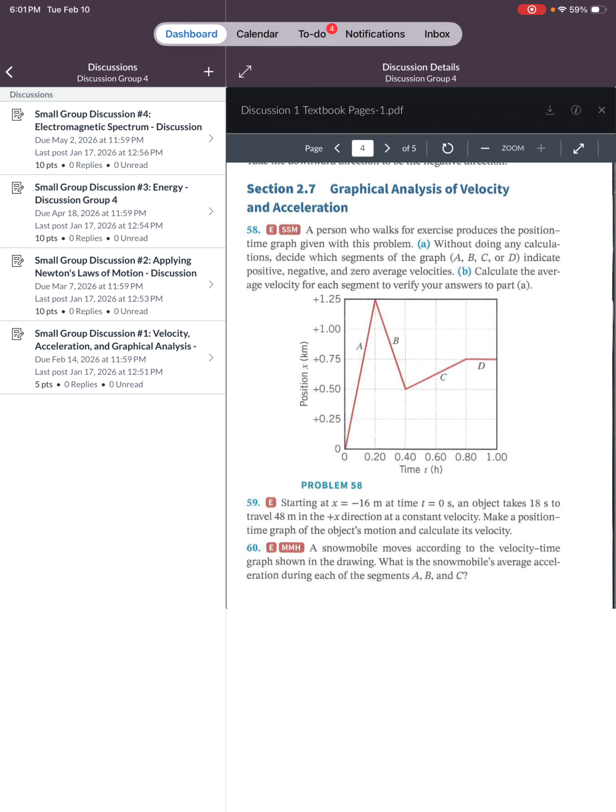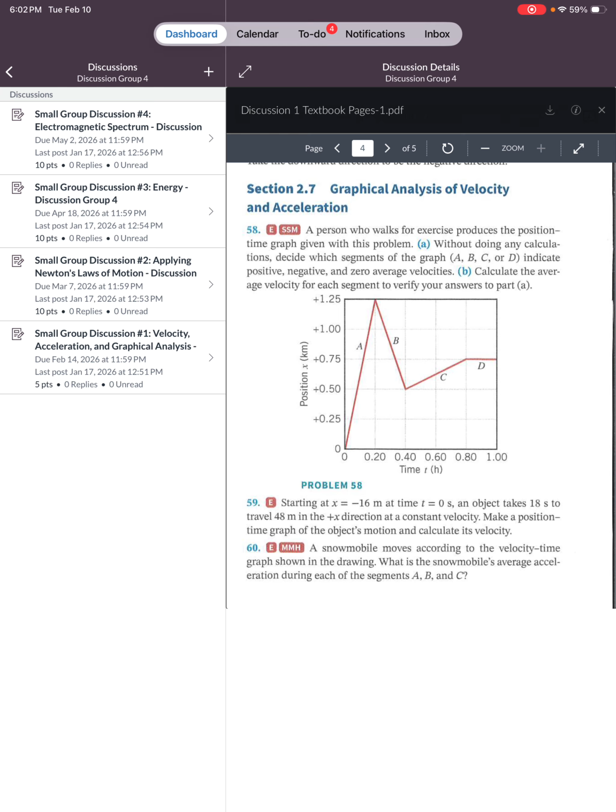To go through this problem in section 2.7, and we have a topic of graphical analysis of velocity and acceleration. So I chose to do problem number 58. That looks interesting to me. Now it doesn't deal with the acceleration, but it deals with velocity, average velocity.